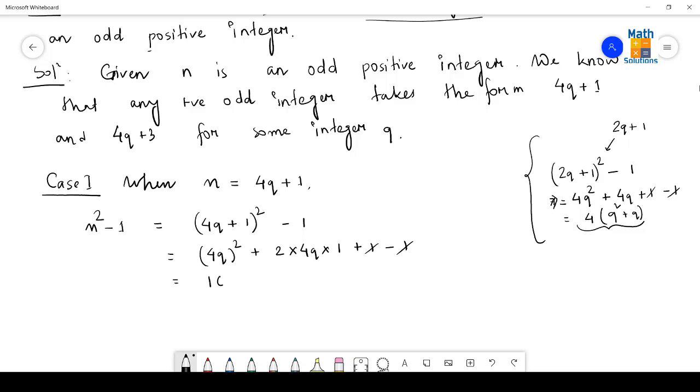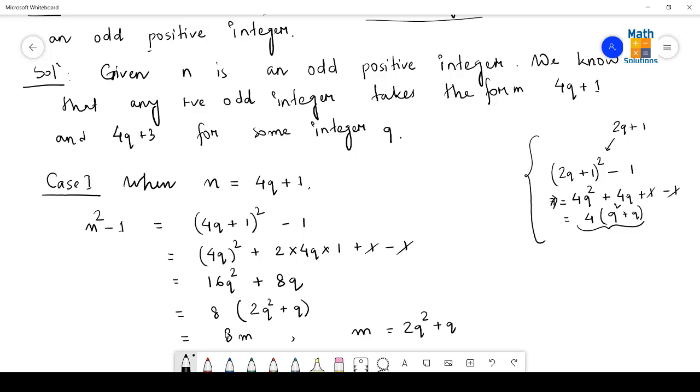While breaking it, I am getting 16q square plus 8q, from where we can take common 8, and within the bracket I shall get 2q square plus q, which can further be expressed in the form 8m, where m is equal to 2q square plus q.